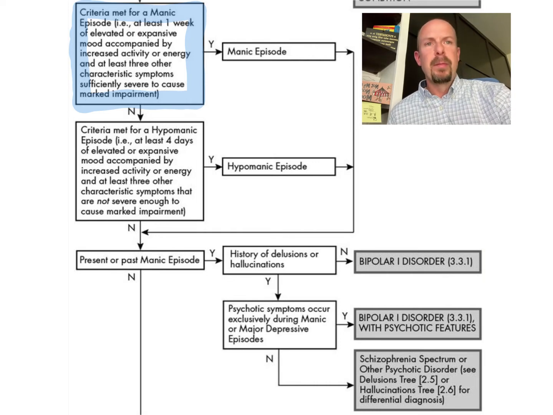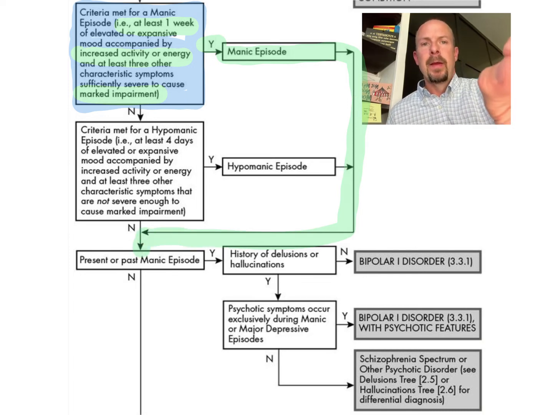So let's say we've met that. If we say yes to that, then we know we're actually looking at a manic episode, so we're going to follow this map down to this area here.